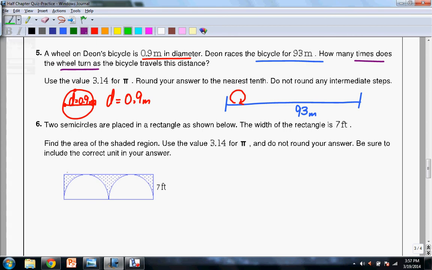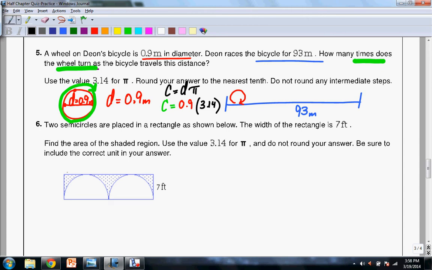So when you see the word turn, let's trace that word turn. And you should see the word turn is actually code for circumference. So we need C equals D pi. That's our circumference equals our diameter, which is 0.9 times pi, and it tells us to use 3.14.